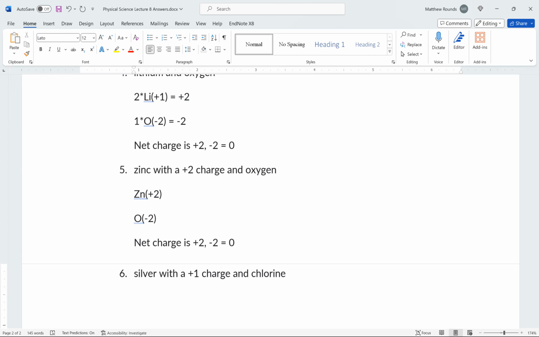Yes, it's not a standard one though, so you may have to do a quick internet search to figure out what letters or letter it is. Okay, silver is Ag.